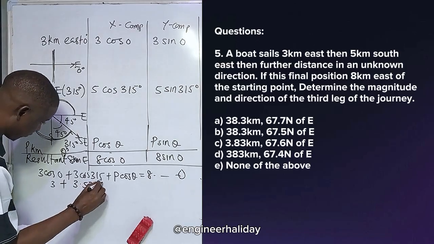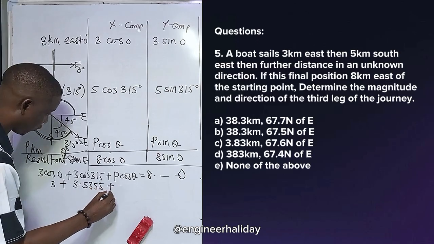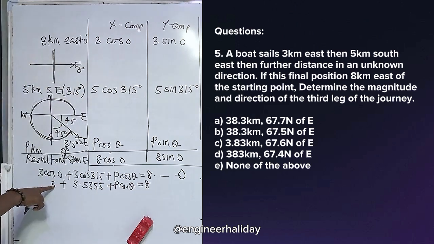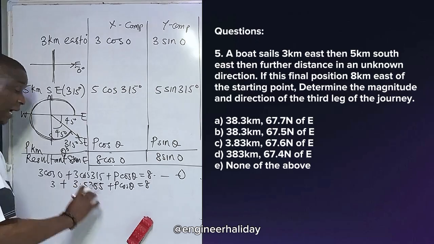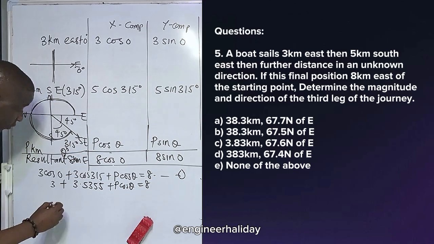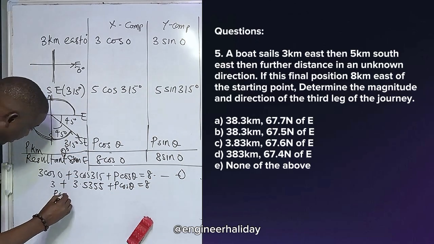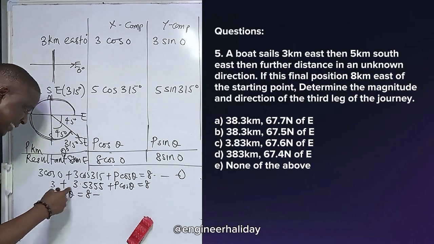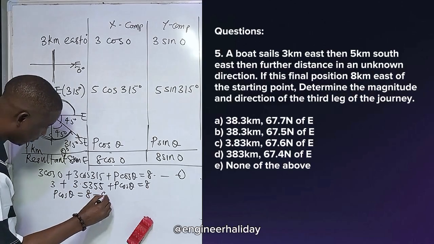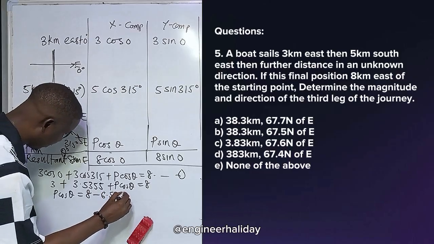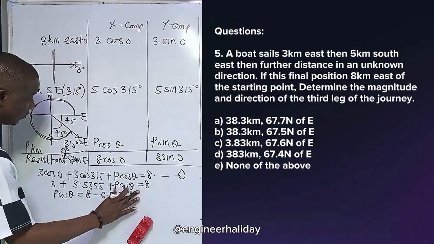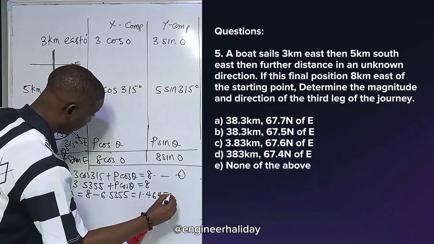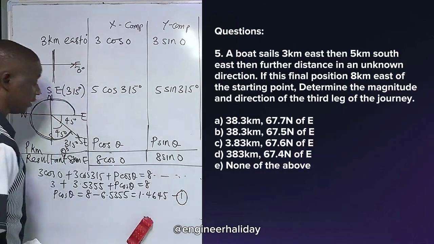Let's stop it like that. Then plus P cos theta is equal to 8. Let's add this up together and subtract from 8. So that will give us P cos theta is equal to 8 minus 6.5355, which is 1.4645. Let's call that equation 1.